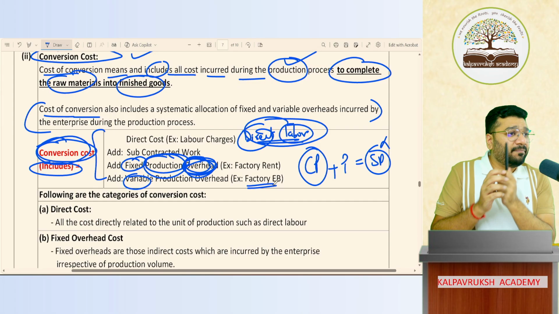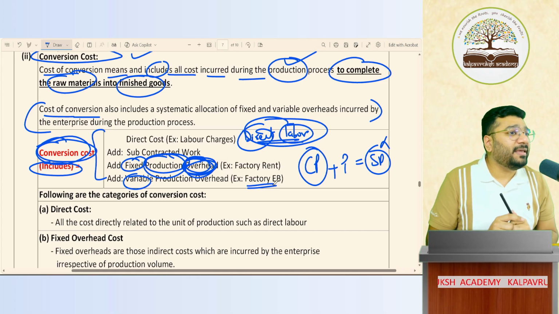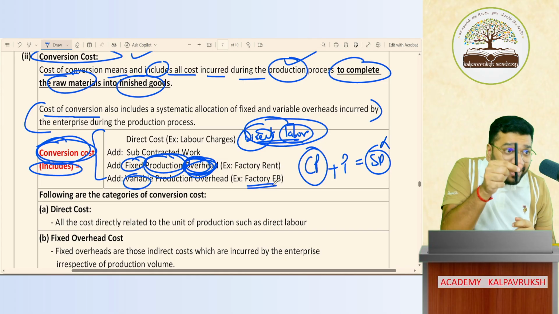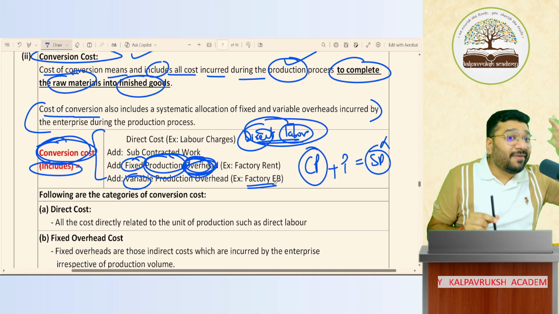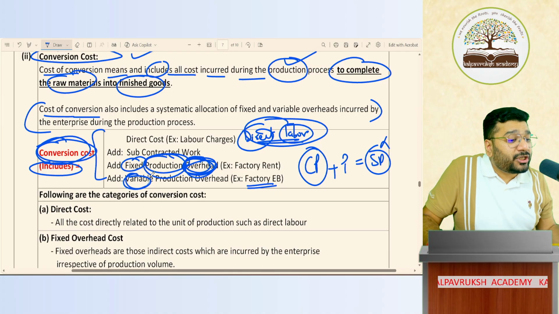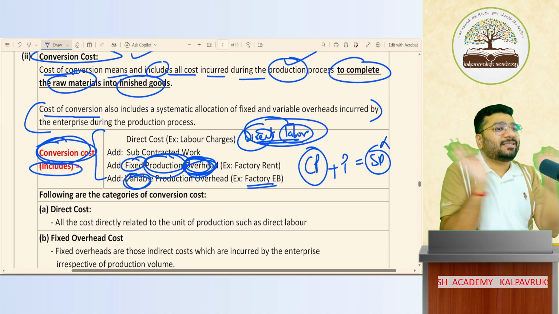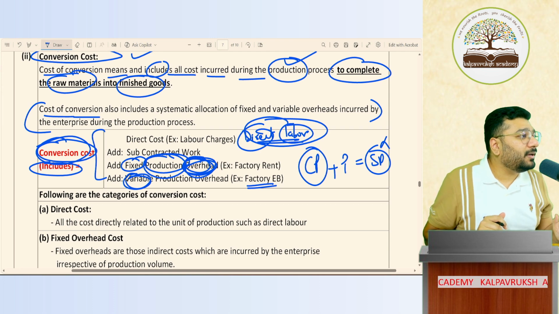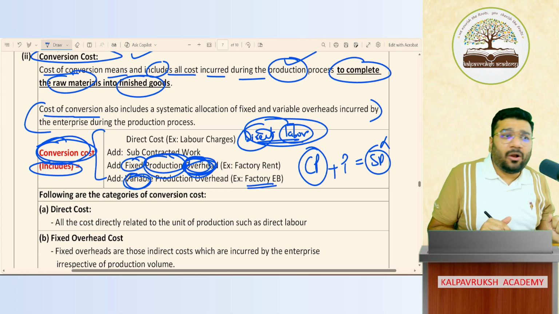If I manufacture one pen, the EB cost is 1 rupee. If I do the manufacturing, this cost will come. Otherwise, no. So variable production overhead is that cost. If I do manufacturing only, cost will come, or else no cost. Got it, not got it? Tell me, if I manufacture one pen, what is my EB cost? 1 rupee.